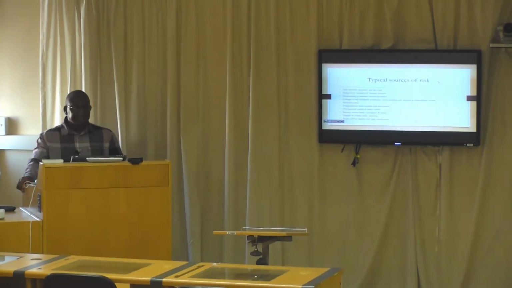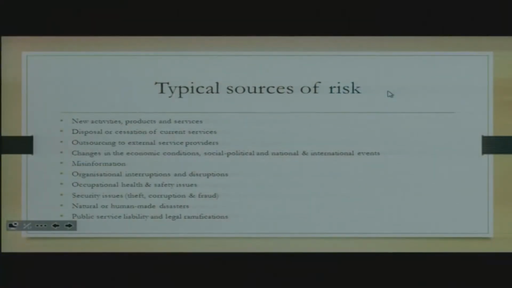Then here we have typical sources of risk. Number one is new activities or products and services. That's true. If you're doing something for the first time, there's a high possibility that you may incur unnecessary costs, or that you may not even carry out that activity the way it should be.